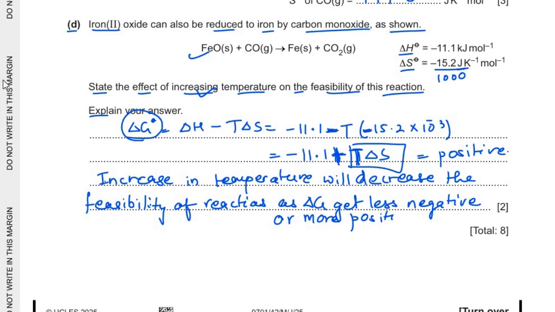That is how you can explain it, less negative or more positive, and that's why the feasibility decreases.